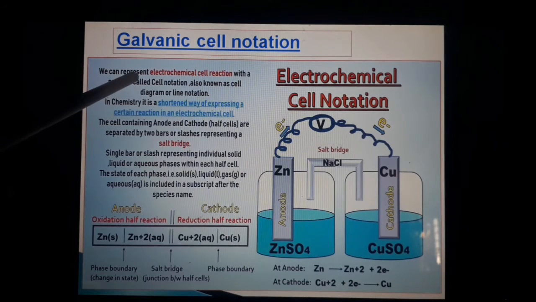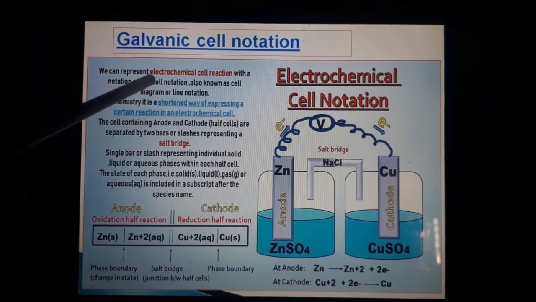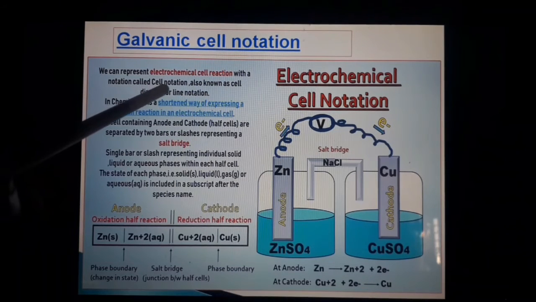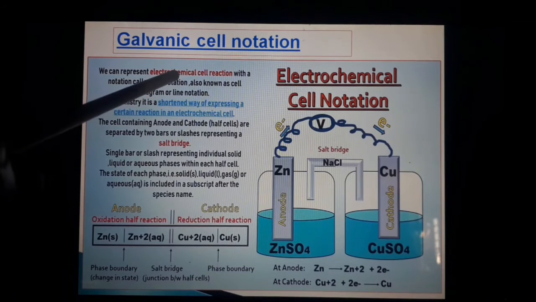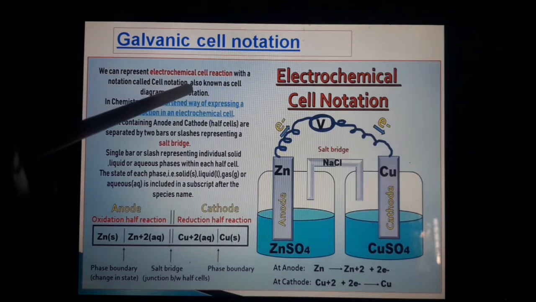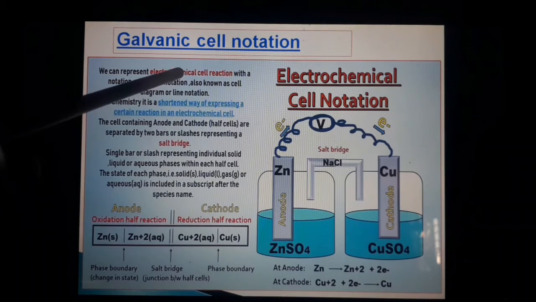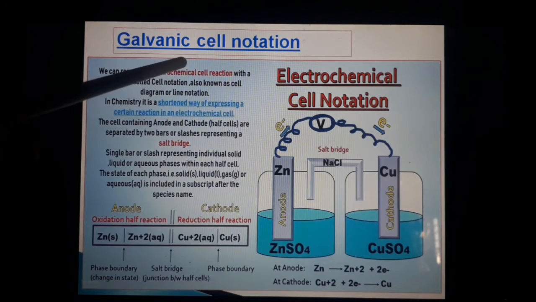We can represent the electrochemical cell reaction with a notation called cell notation. What is cell notation? If we want to write the cell combination theoretically, we represent it as cell notation.